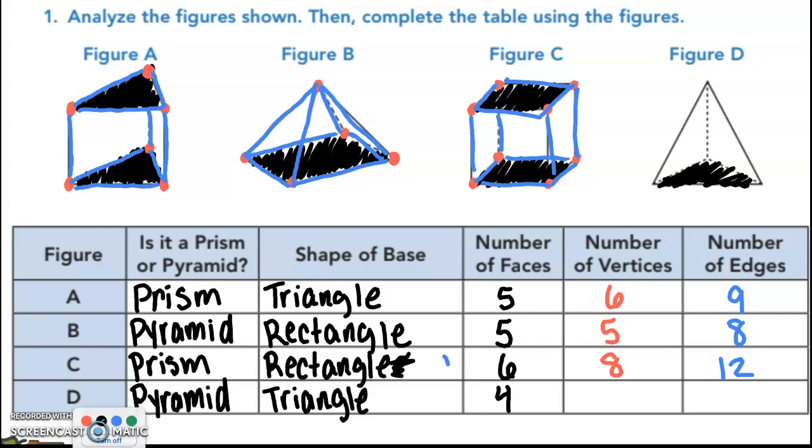For my number of vertices, I have the one at the top, 2, 3, 4. Number of edges, 1, 2, 3, 4, 5, 6 edges. Hopefully your table looks something like this.